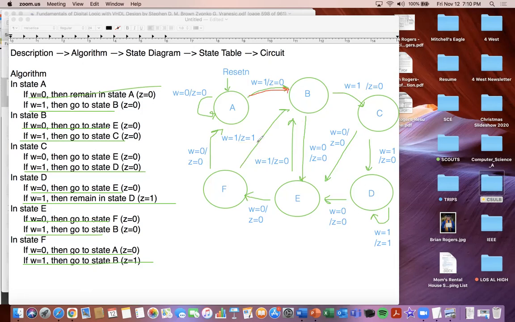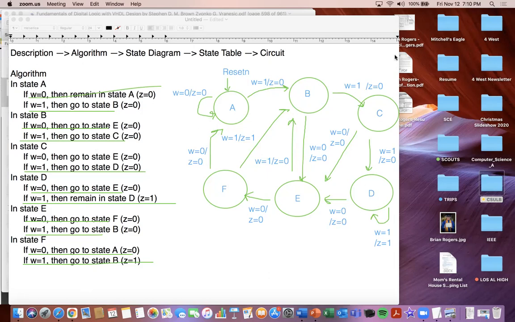The other instances were when the pattern was not correct, but it could possibly start a new pattern. And so if you ended on a 1, that should start in here because that could possibly start the 1, 1, 1 pattern. And then those were the other ones.